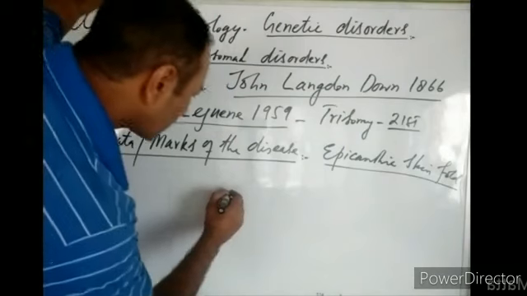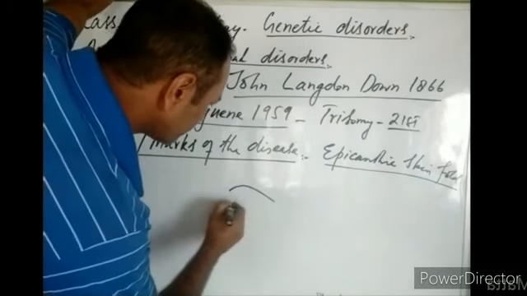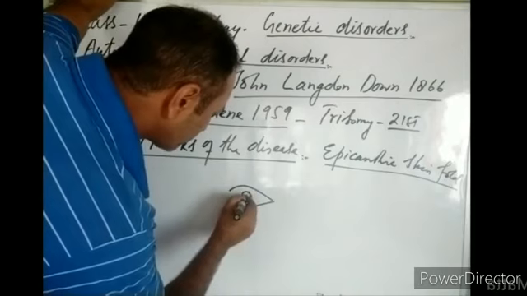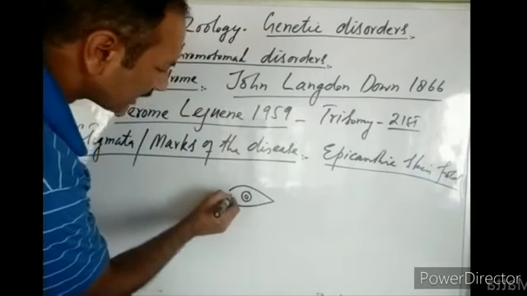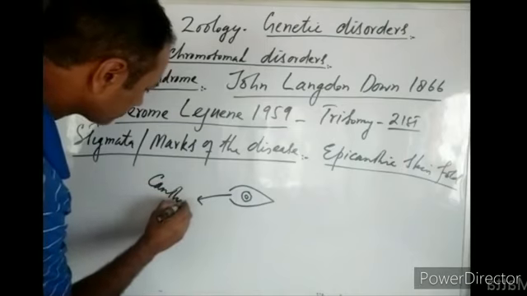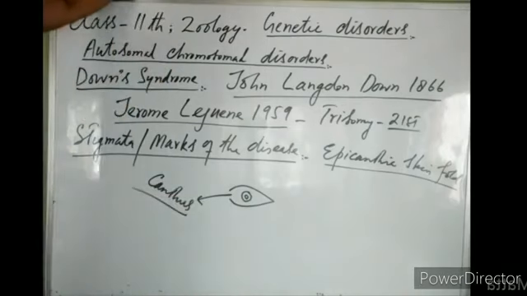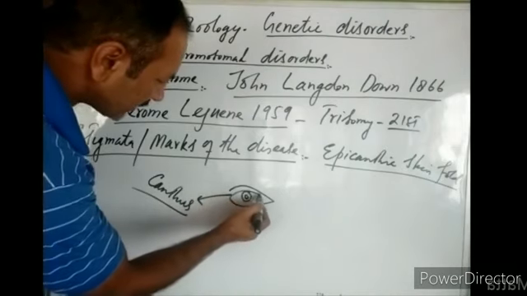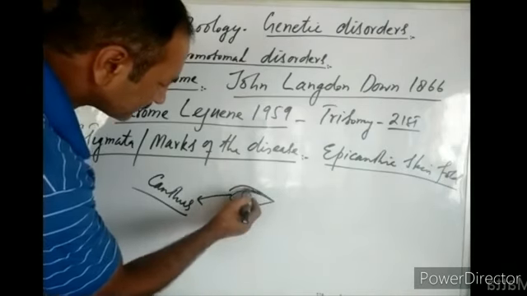The inner corner of the eye is known as the canthus, and over this canthus they have a skin fold which covers the eye like this.